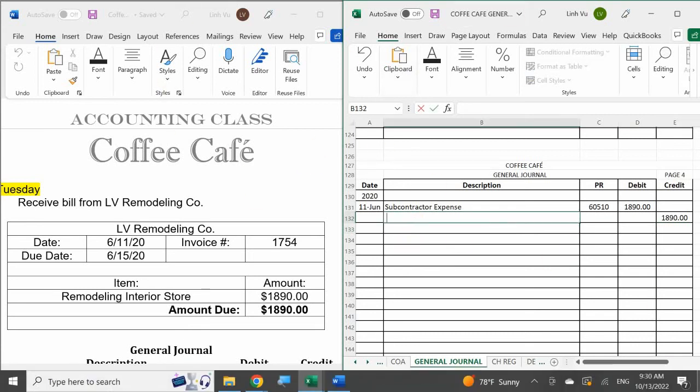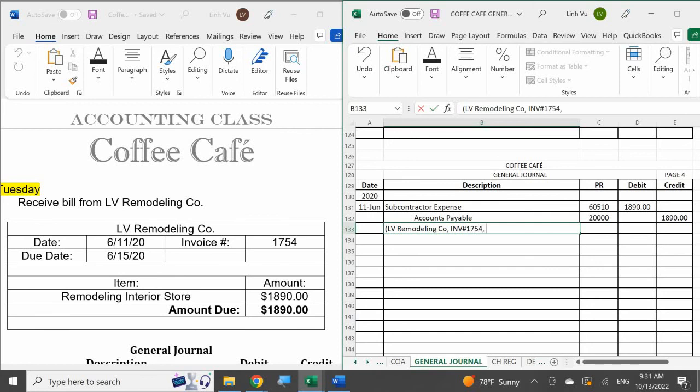Okay, so we already established that this is going to be an accounts payable account. And you have everything that you need, right? Who did you receive this bill from? LV Remodeling Company. Good. What was the proof of a transaction? The invoice.